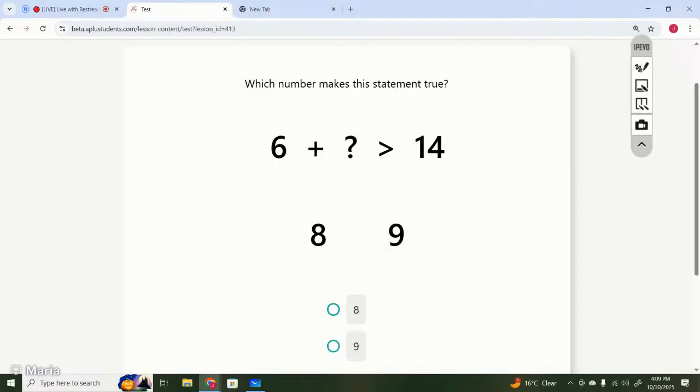Which number makes the statement true? Which is the correct option?